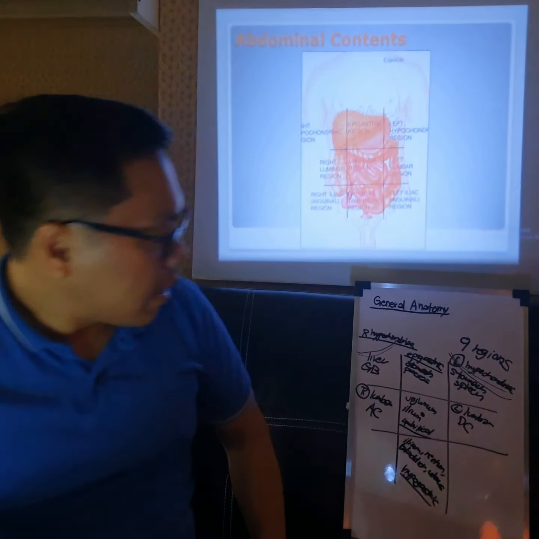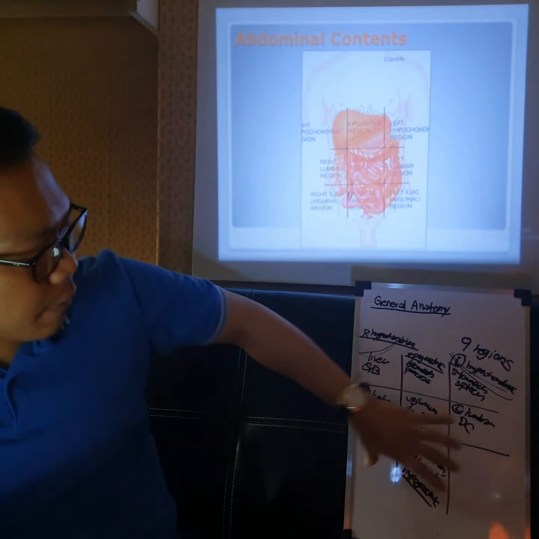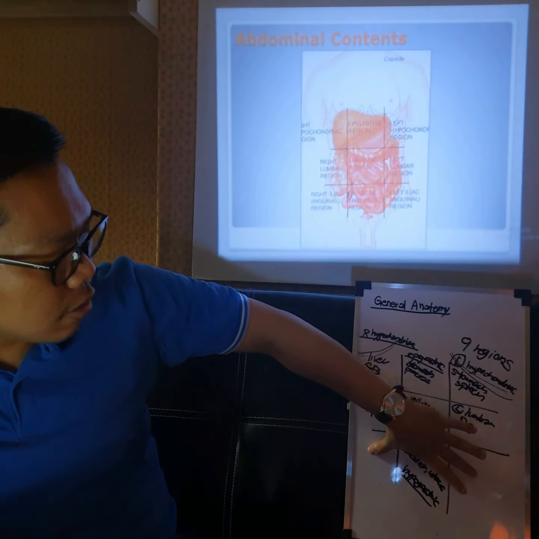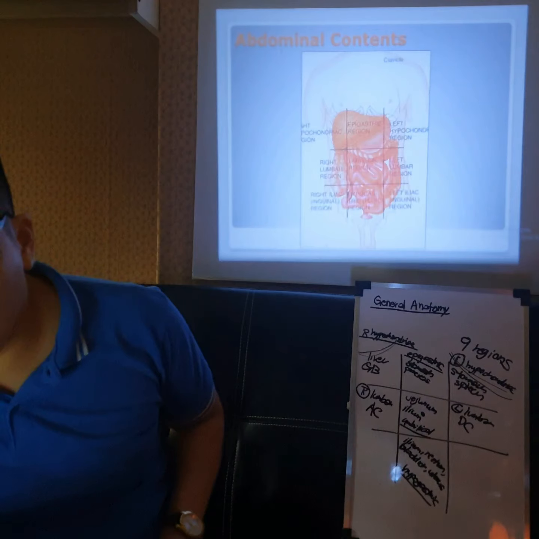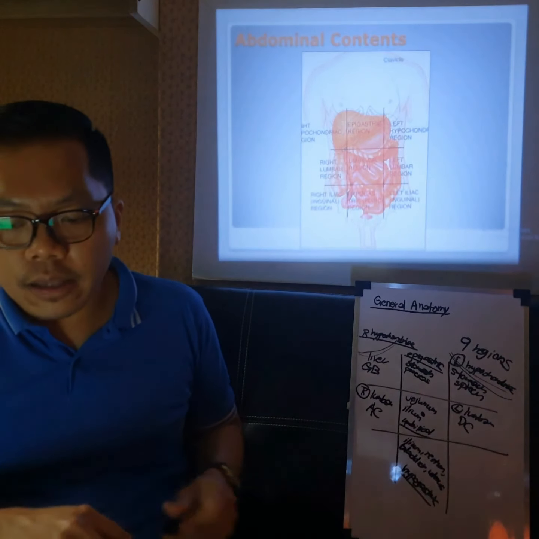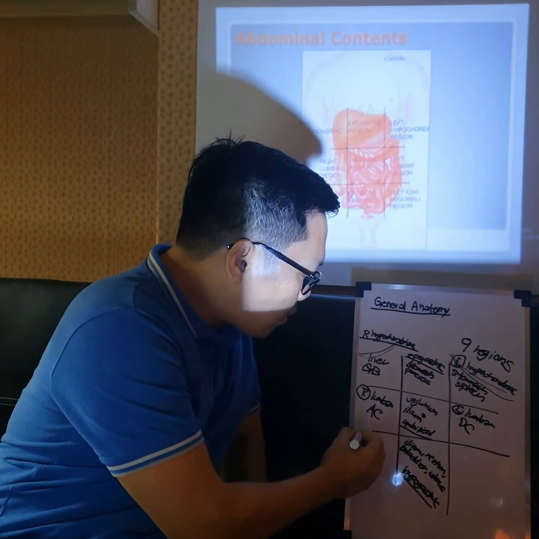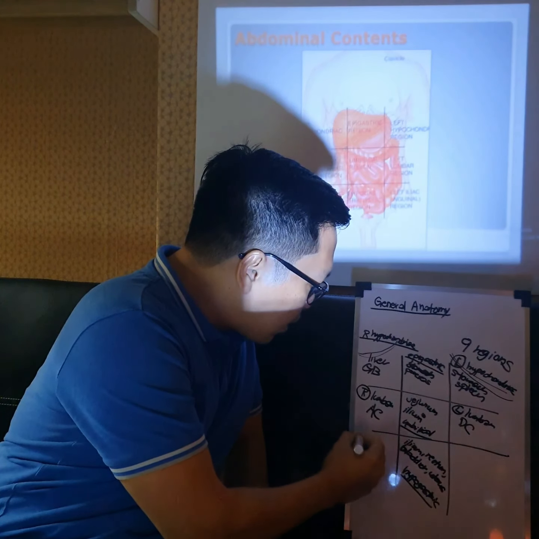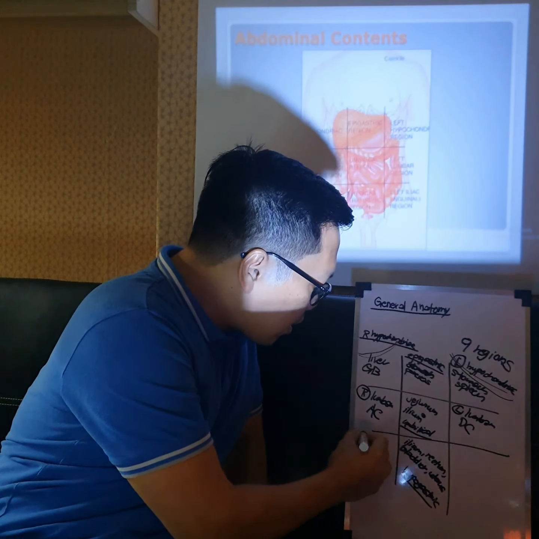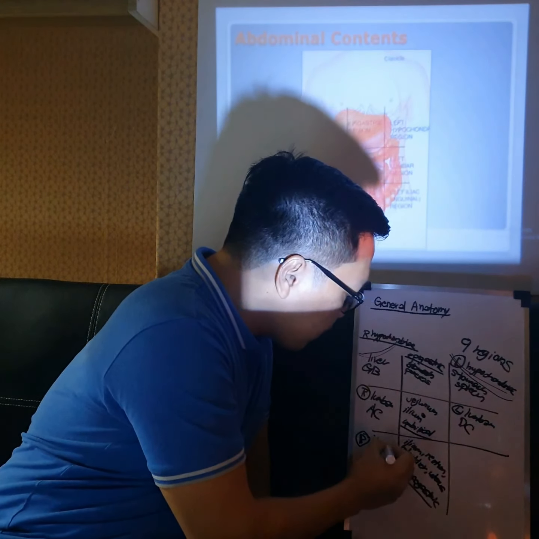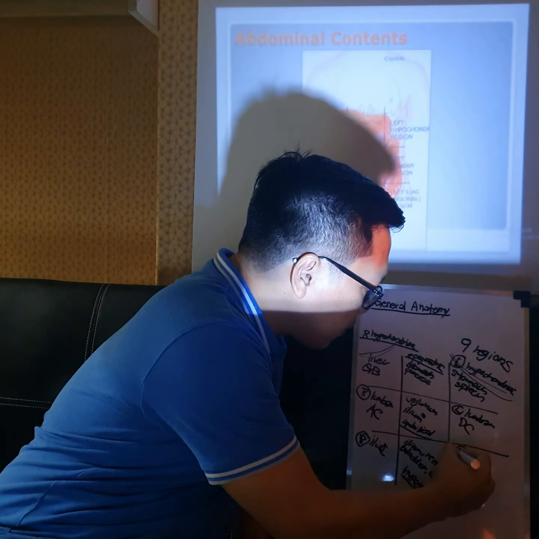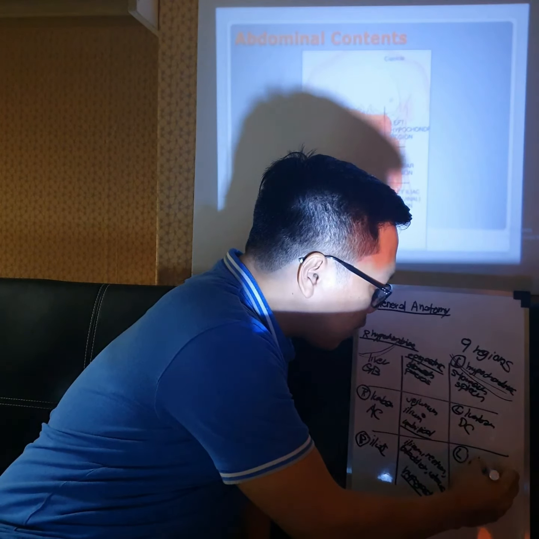Okay. Then, we're left with these two. Yung two regions sa gilid ng hypogastric region. This is now what we call the iliac region. And lalagyan mo lang ulit siya ng direction. We have right iliac or left iliac region.